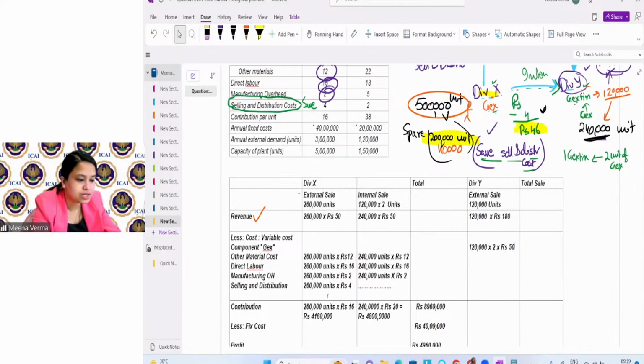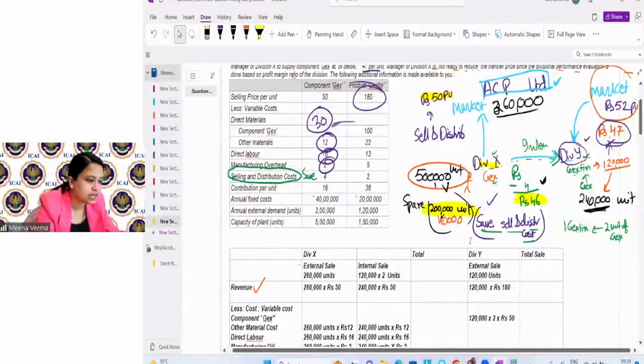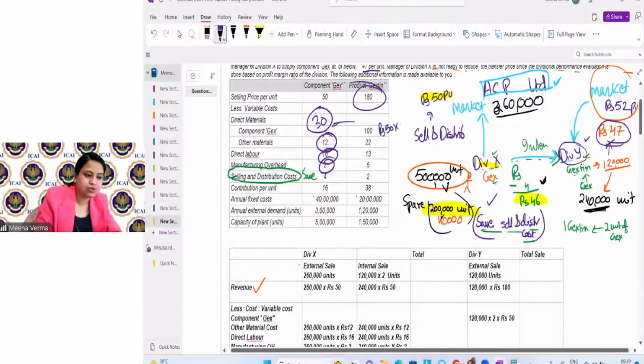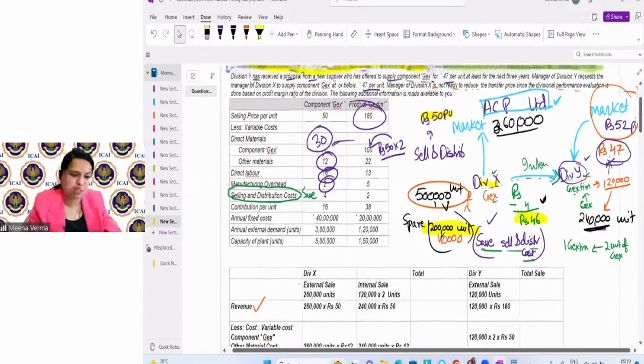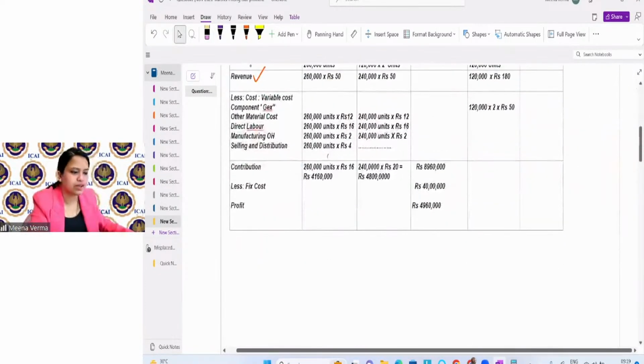Rupees 50 is the cost of 1 JIX, and you are using 2 JIX, so they have taken the cost here as 100 rupees, and we have calculated the same. Beyond this, what is the cost the company is incurring? They are incurring 22 for other material, 13 for labor, and 5 for manufacturing overhead. I'll consider everything: 22, 13 and 5.